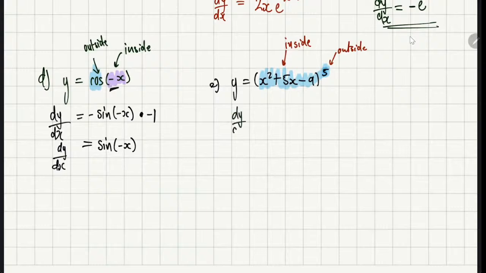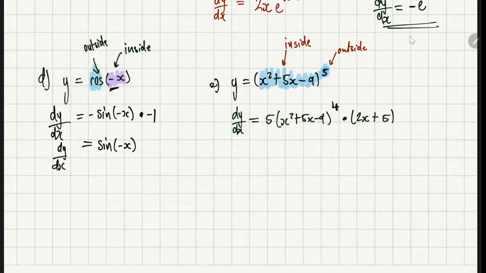So dy dx, the inside is not changing. The power is dropping down. It becomes 5 here. The inside is not changing. X squared plus 5x minus 9. And it is now to the power of 4. So you have dropped the power and reduced it by 1. Then you multiply by the derivative of the inside. The derivative of x squared, 2x, plus the derivative of 5x, 5.